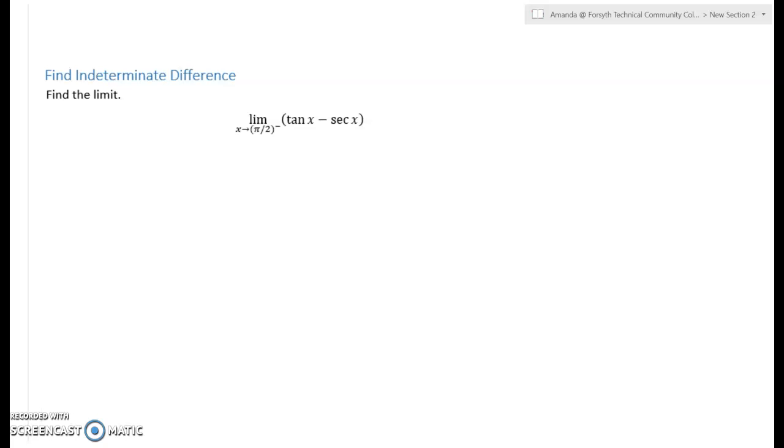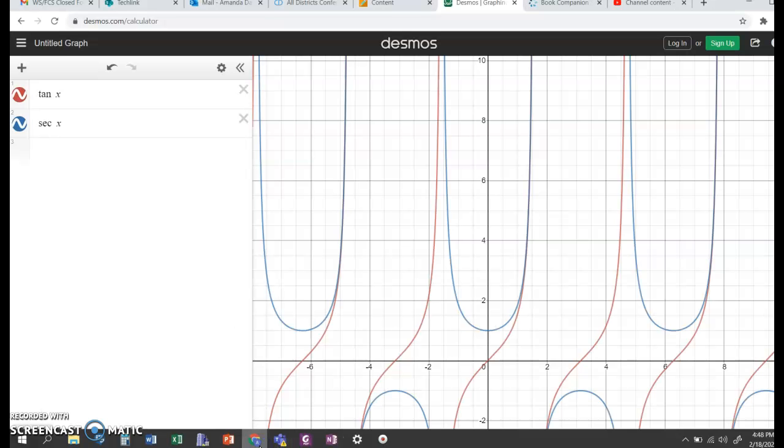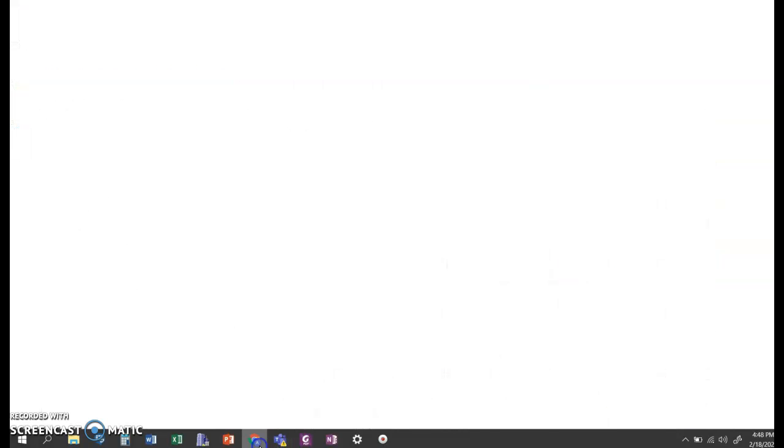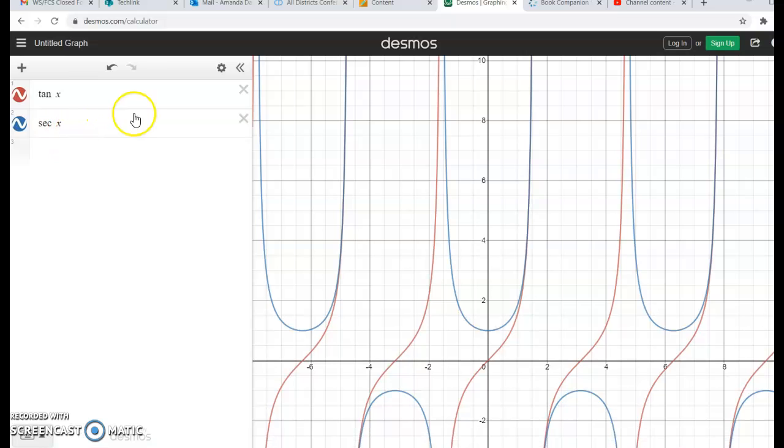And so I went ahead and graphed those two. I graphed tangent and secant of x so that we could see what's happening.